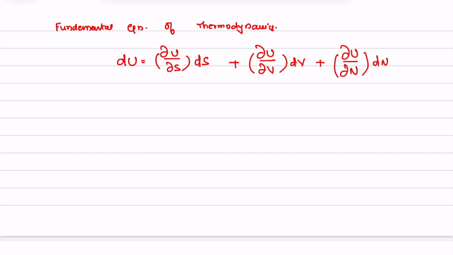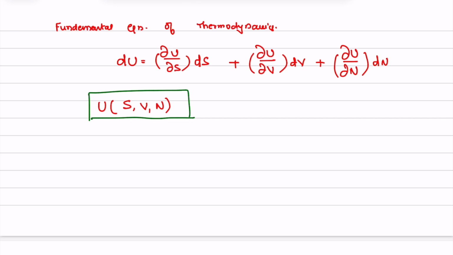And when these are done, which are the other things we are going to take as constants? You know that internal energy is a function of S, V, and N. Internal energy is a function of entropy, volume, and number of particles.